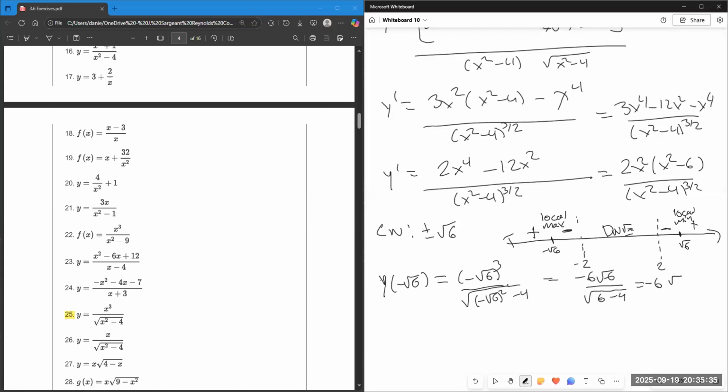It's negative 6 root 6 over root 2. Root 6 divided by root 2 is root 3. So this is negative 6 root 3.